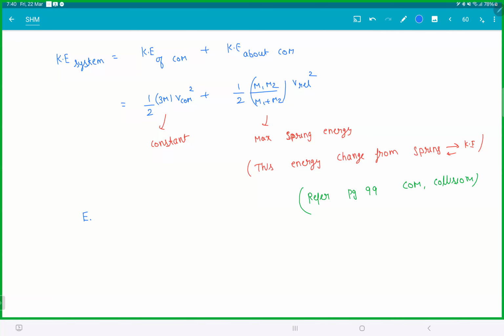So the oscillation energy is that component which changes from spring to kinetic and kinetic to spring. So in our case, it is half m1 m2 is 2m by 3, and V relative square is u square. Check it out. Hope that is making sense.